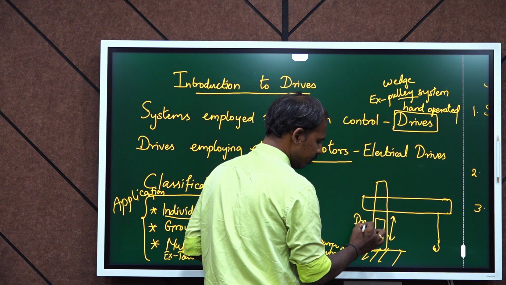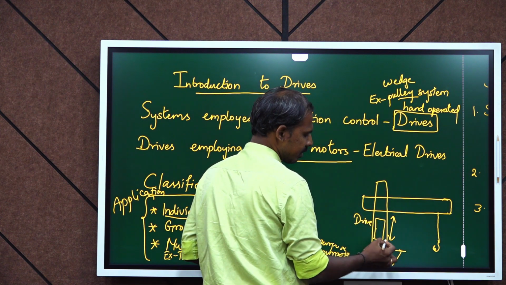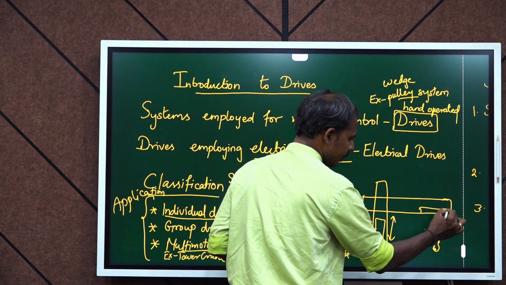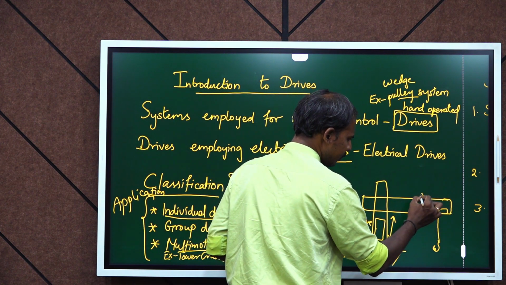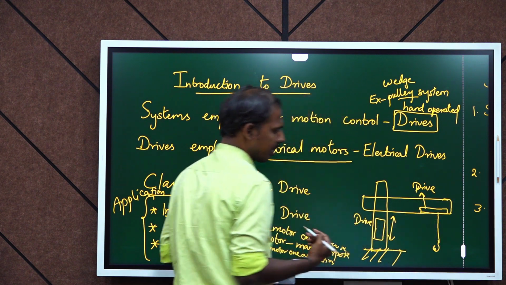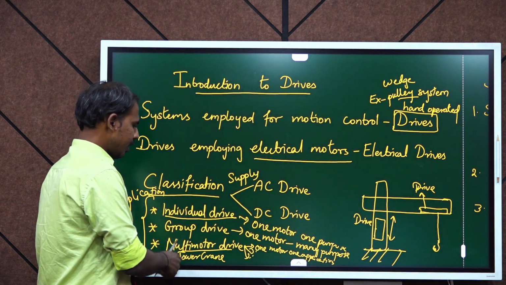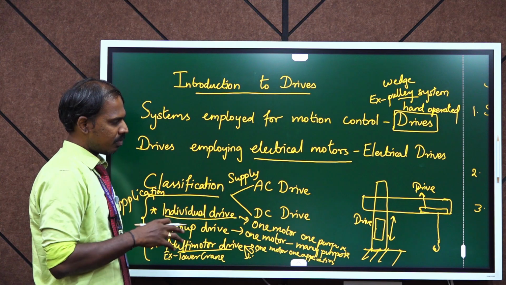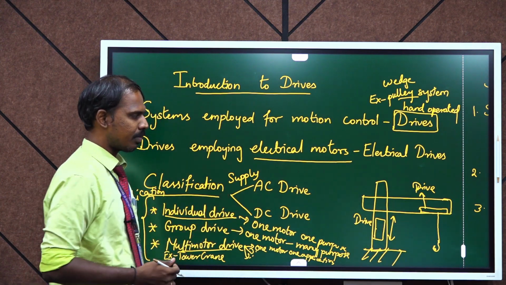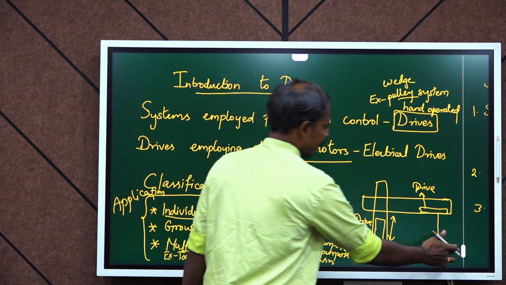This is a drive segment, which means a motor is here which is going to help for the vertical movement, whereas in the other segment you will have a motor set up here. This is for the horizontal movement. So in a multi-motor drive, you can have many drive systems incorporated into a single system, but you will have various applications coming out of it.